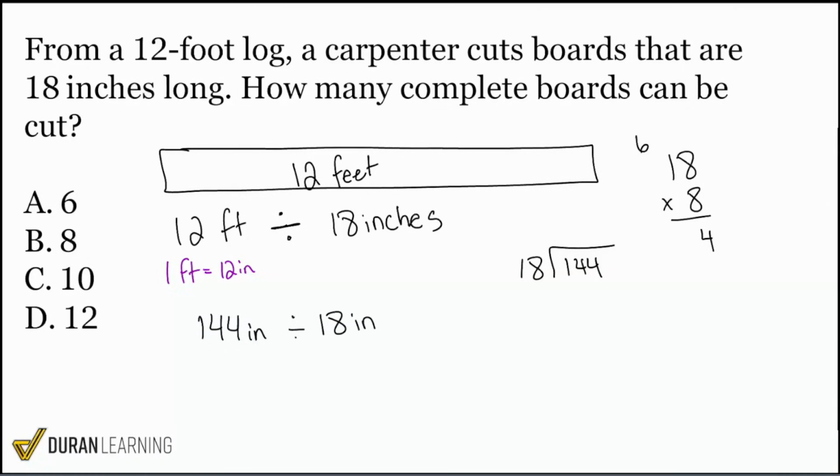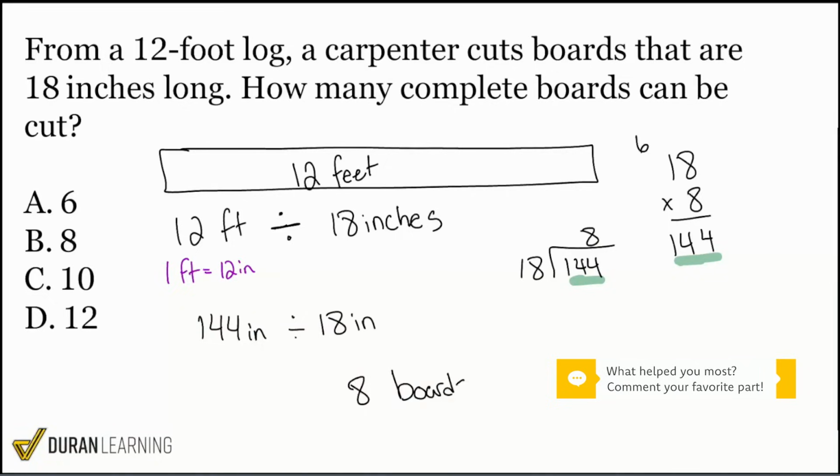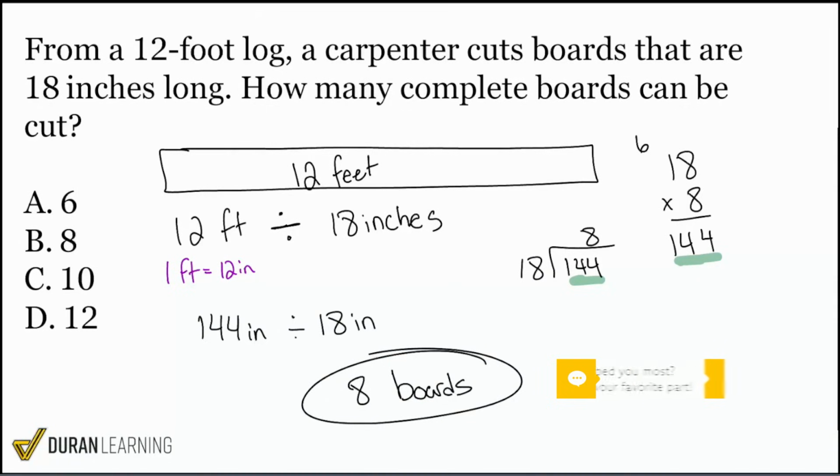And then 1 times 8 is 8. Carry the 6 is 14, getting us to that 144 that we're trying to divide into. So the answer there would be 8 complete boards that we would be able to make. The correct answer is B, 8.